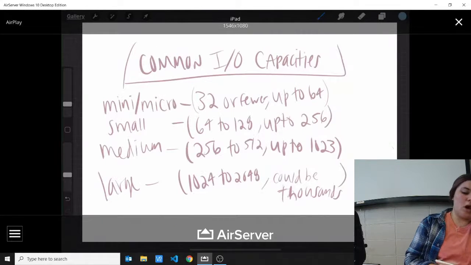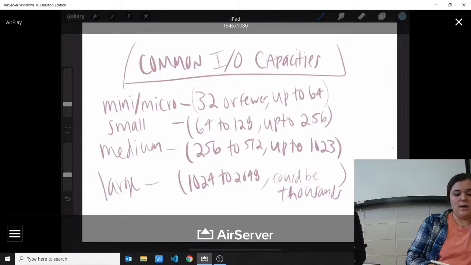So, common input and output capacities would be mini-micro would be 32 or fewer, but up to 64. Small would be 64 to 128, but up to 256. Medium would be 256 to 512, but up to 1023, so 1023 inputs/outputs. Or large could be 1024 to 2048, but could be thousands.